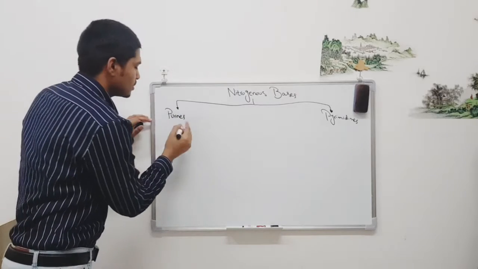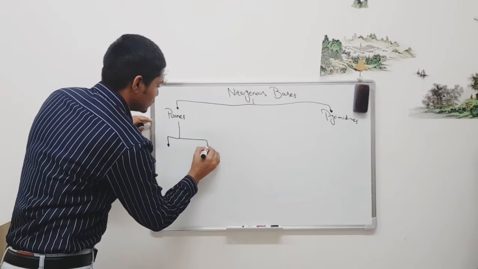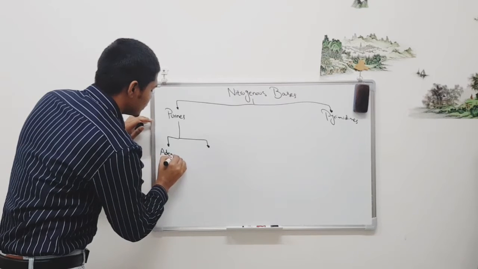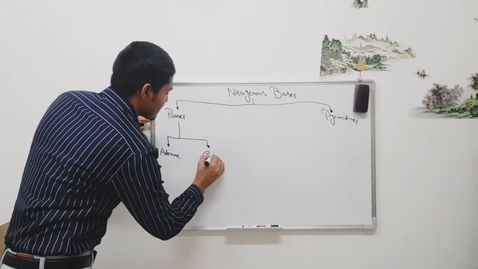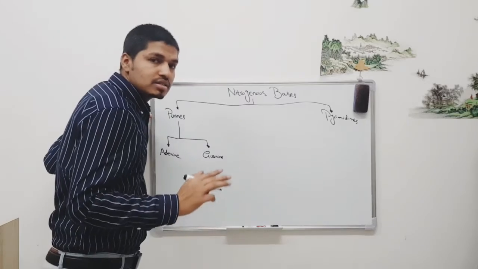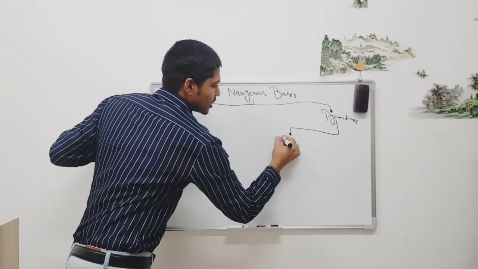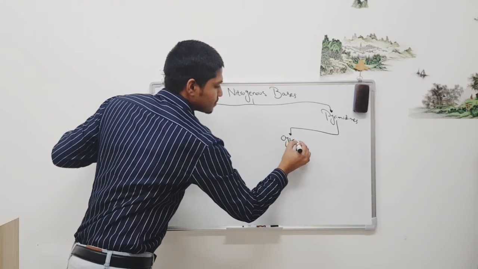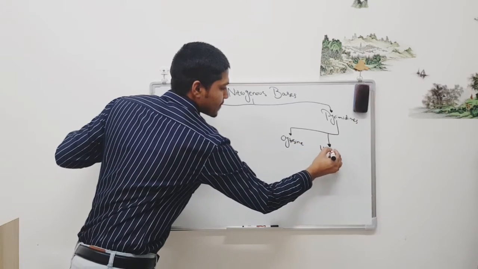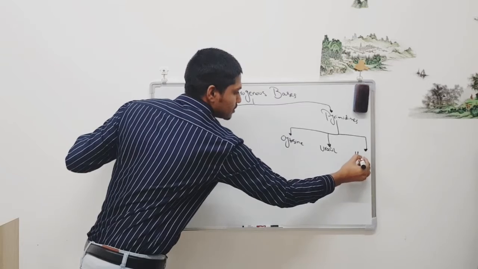Now the purines are further classified into two parts: the first is adenine and guanine. And the same goes for the pyrimidines. The pyrimidines are divided into three parts. The first one is cytosine. The second is uracil. And the third one is thymine.